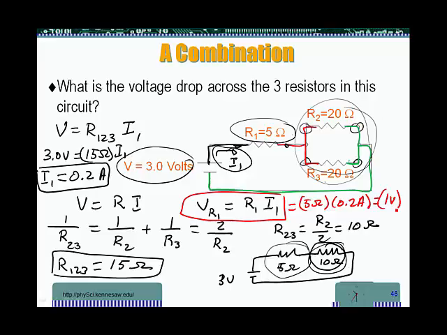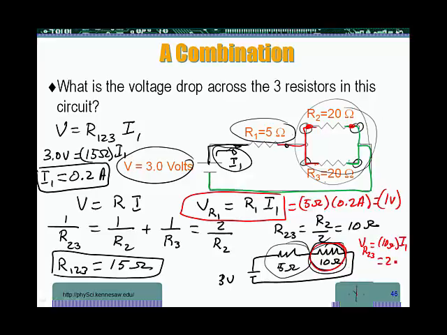Okay, now there are different ways to find the voltage across R2 and R3. First, we can note that it's the same as the voltage across R23, or the same as the voltage across this. So then VR23 is going to be 10 ohms times I1.